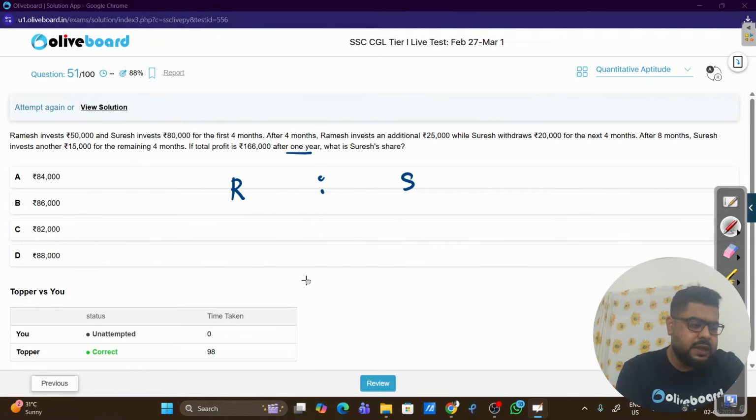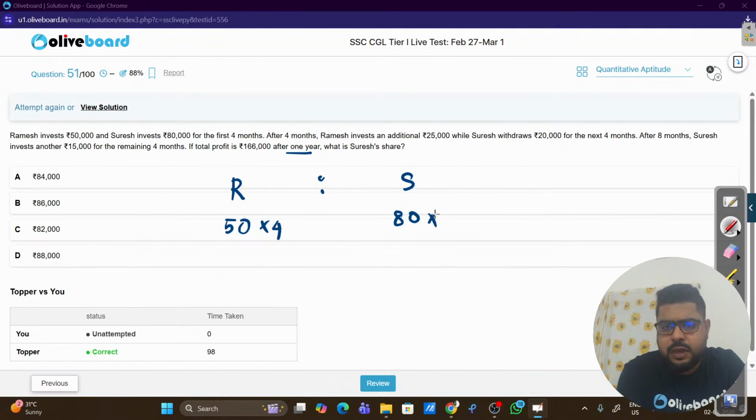I'm taking 50 and 80, everything in thousands, so I'll not write thousand, because my thousands will cancel each other. First 4 months into 4, Suresh I'll calculate later.